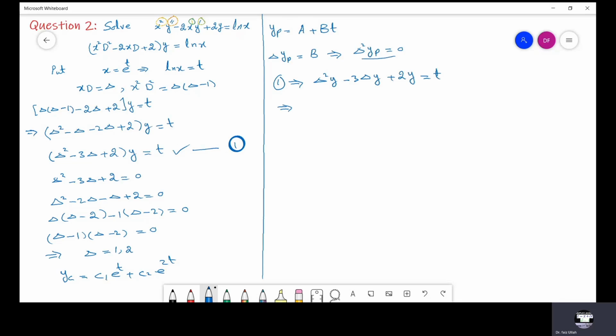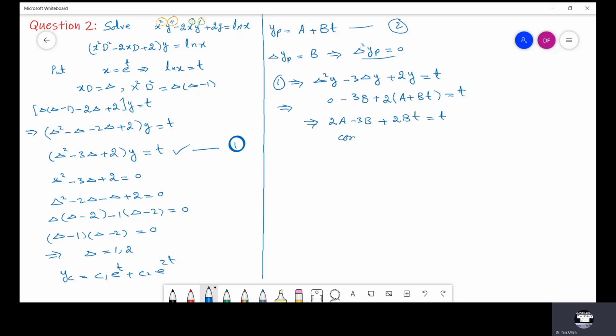Delta square y, that is 0, minus 3 delta y, that is b, plus 2y, the value of y is here. So we can put a plus bt is equal to t. And now if we simplify this, we have 2a minus 3b plus 2bt is equal to t.